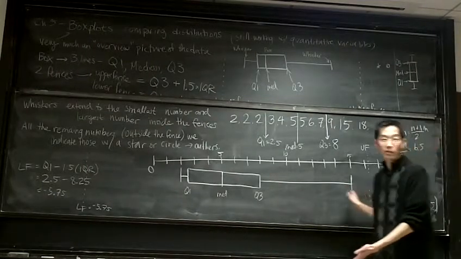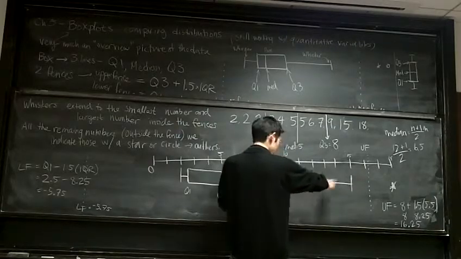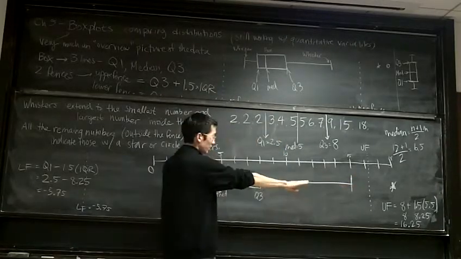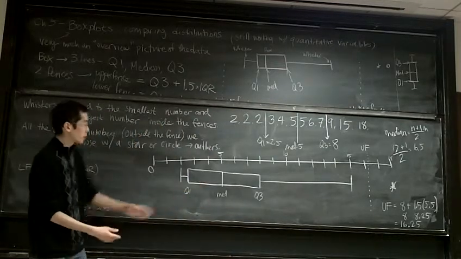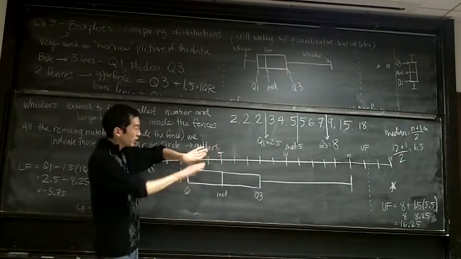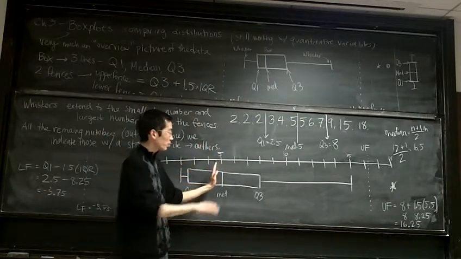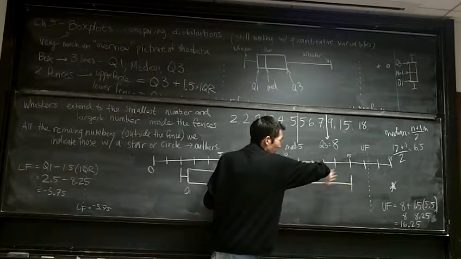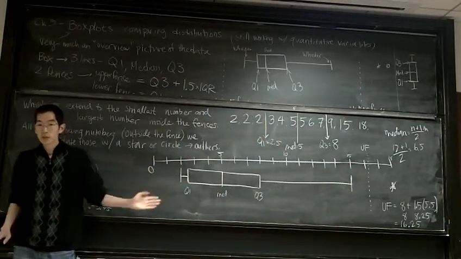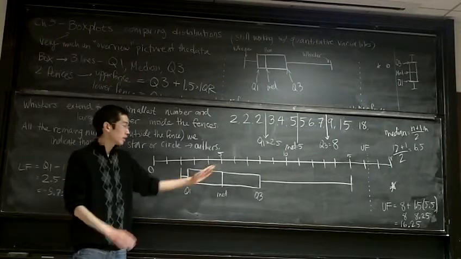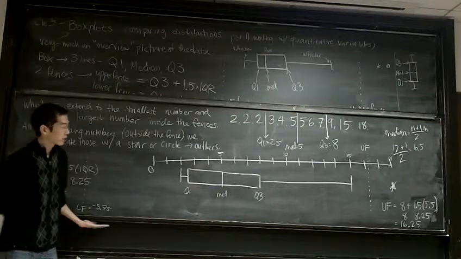You might think we have more points above the middle, but no, we have an equal number of points above and below the middle. But the points above the middle are more spread out and go a lot further that way than they do this way. So it is skewed right. Looking at the tails, we can see that our box plot is skewed right.